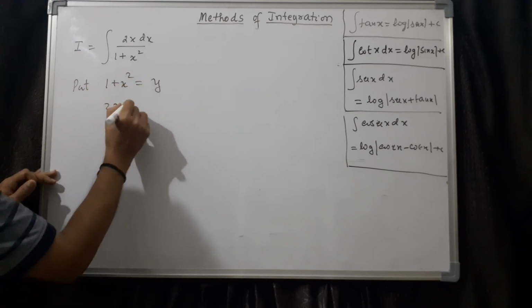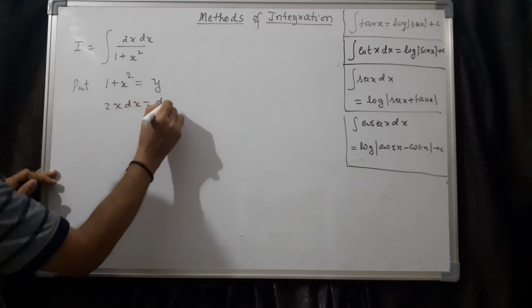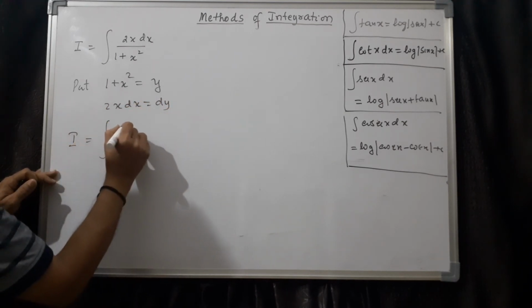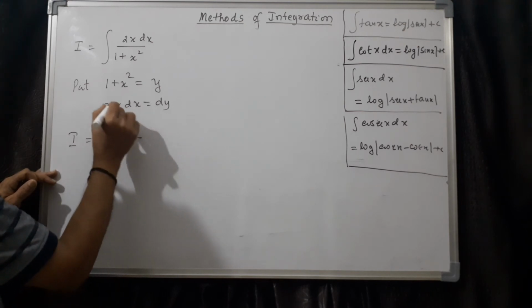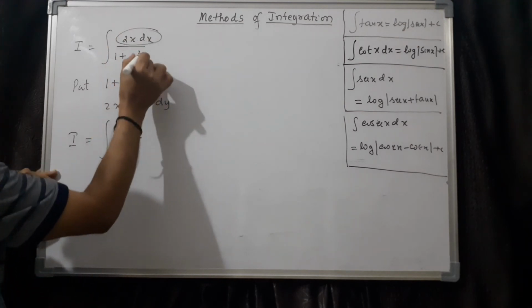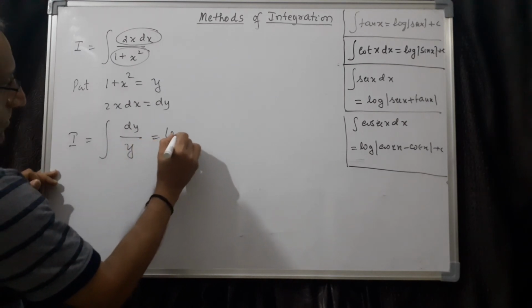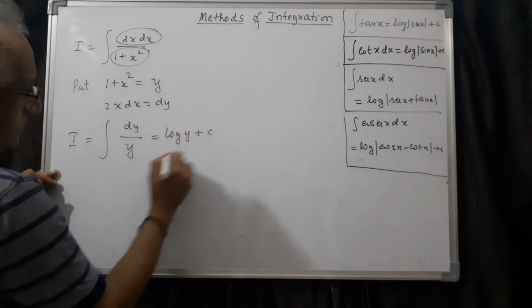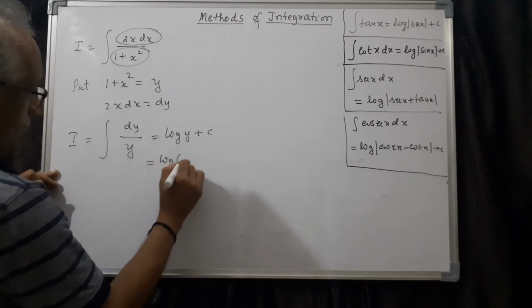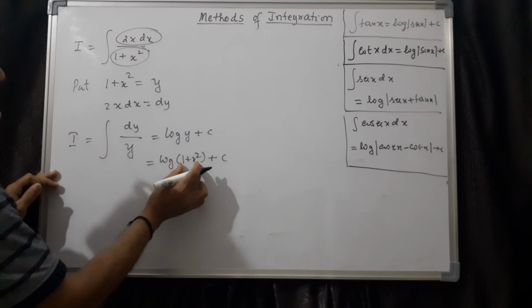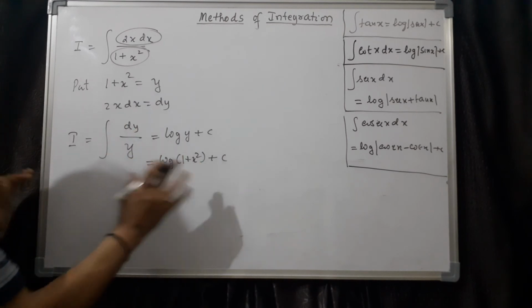So 2x dx becomes dy. So I equals integration of dy by y, which is log of y plus c. So this is log of 1 plus x square. You need not even put mod, because 1 plus x square is already positive. So this is the answer.